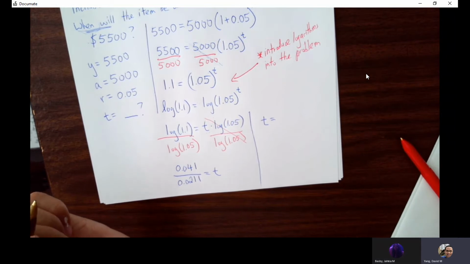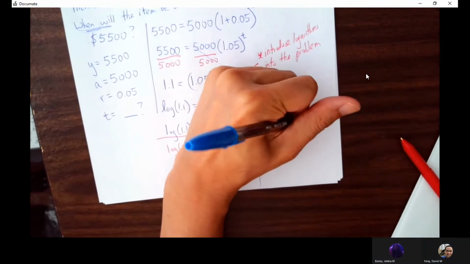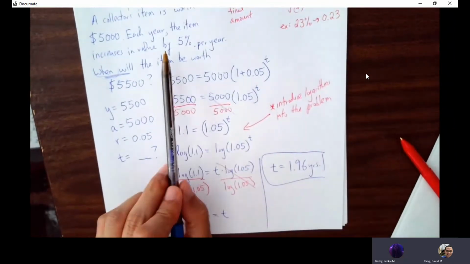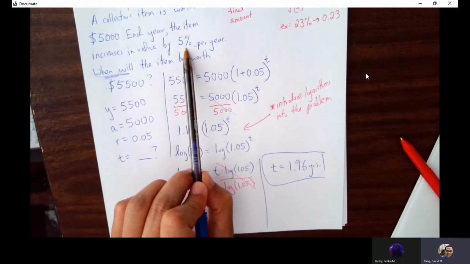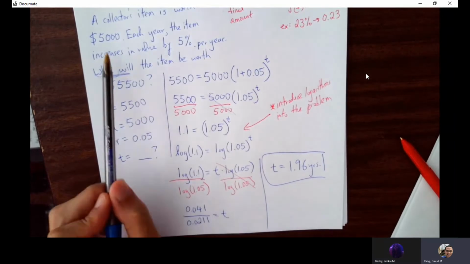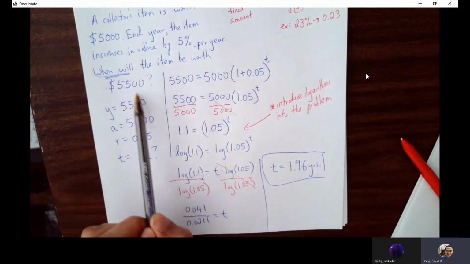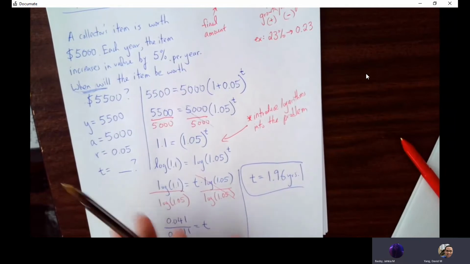Oh, you got 1.96, right? Uh-huh. So that means, because the item is going up by 5% each year, right around 2 years, maybe a little bit under 2 years, this item is going to grow to be worth $5,500. Okay. So that's how we handle it.